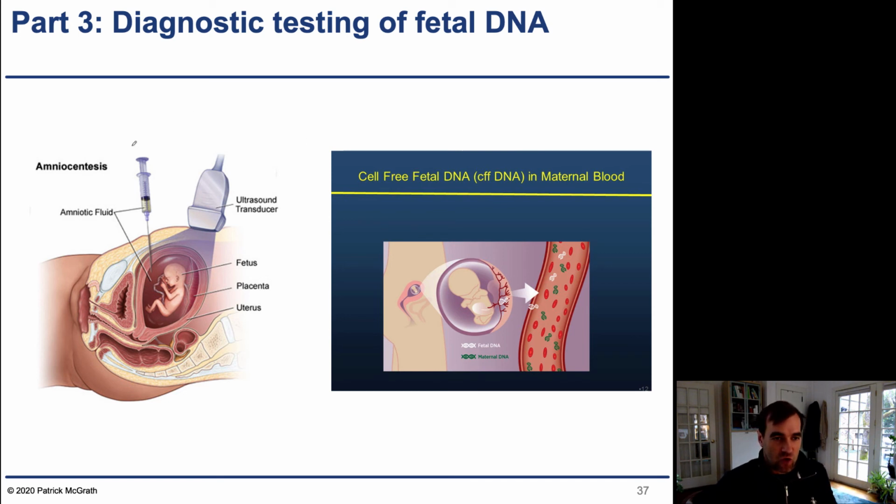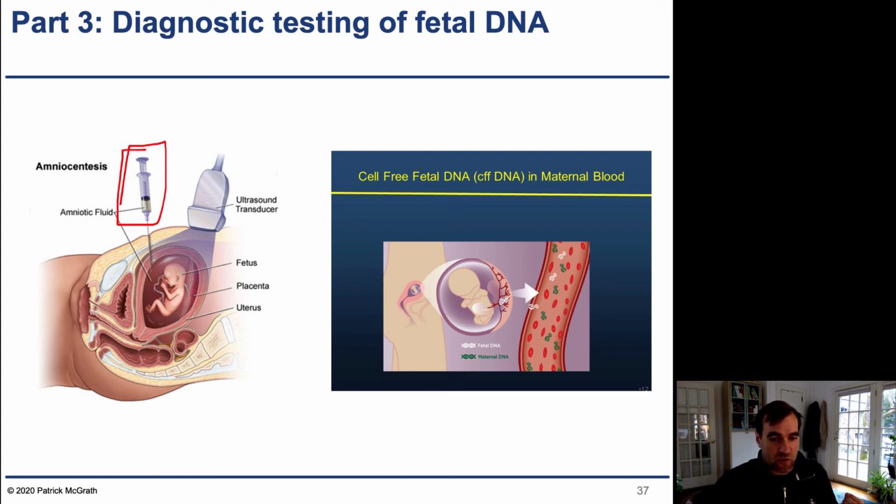When my first child was born 8 years ago, the way you would test this was what was called an amniocentesis. An amniocentesis is using an ultrasound to identify the position of the fetus and then simultaneously injecting a needle, a very long needle, in through the uterus.